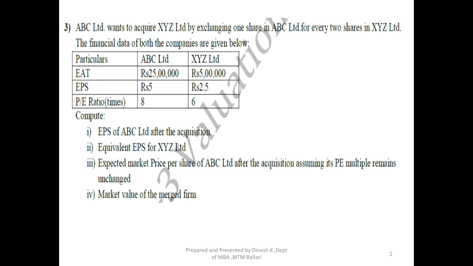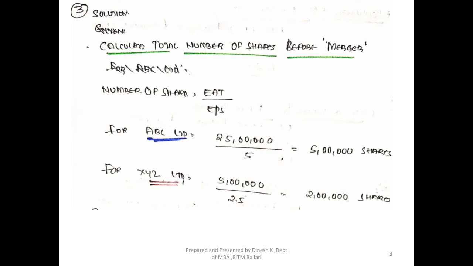Fine, let's proceed. The first thing that we need to calculate before we proceed on to the first question is the number of outstanding shares for the acquiring company and the target company, right? So the formula to know the number of outstanding shares is earnings after tax divided by earnings per share.